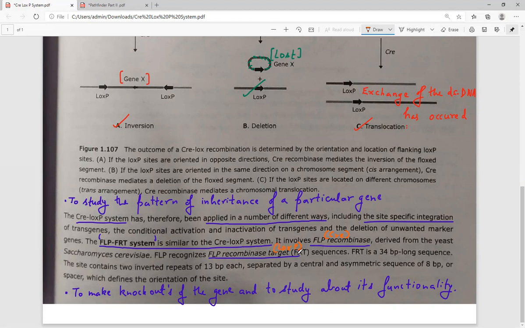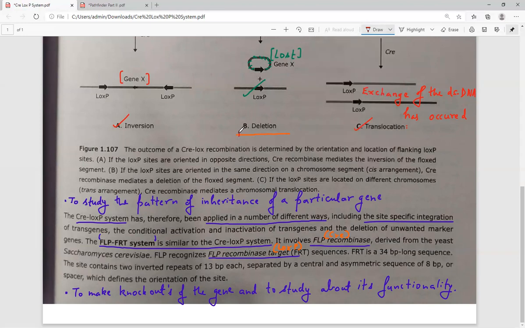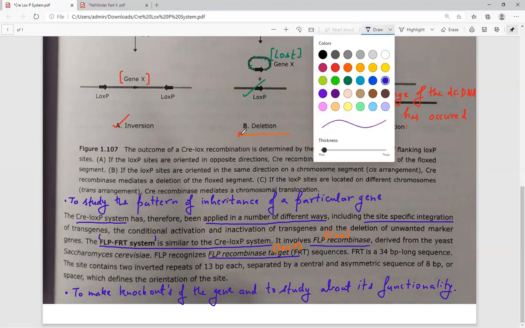A genomic DNA kept in between the two FRT sequences will be lost. See this? A genomic DNA which has two FRT sequences. I will keep it in blue color.